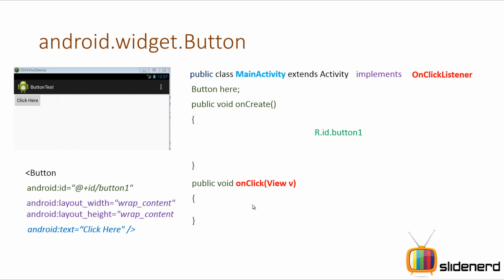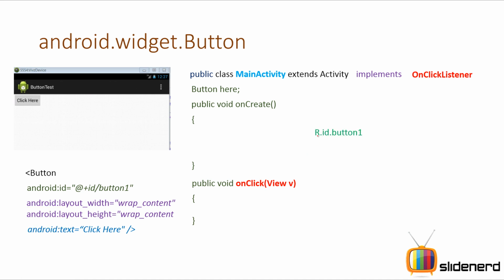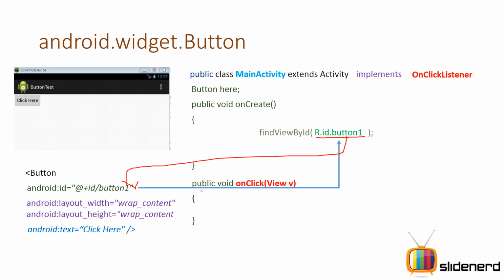So let me go ahead and actually show you, alright? So here there are some other things. As I said, we gave an ID over here, @+id/button1 in XML, and you guys probably didn't know what it was, right? You were probably confused. So here I'm going to show you what exactly this thing does. Take a look over here, R.id.button1. This is the same ID which I had over here, alright? So here, if you guys see, I'm going to use a method called findViewById.